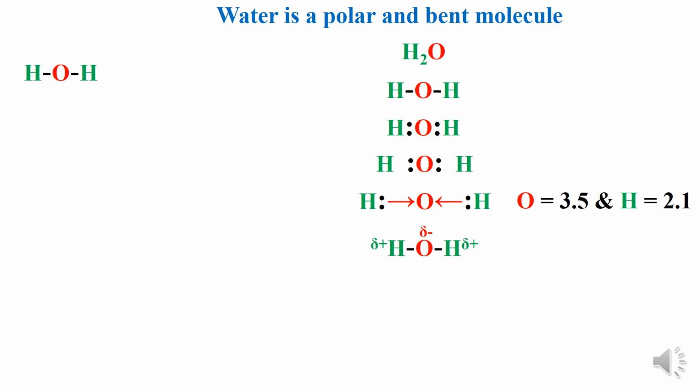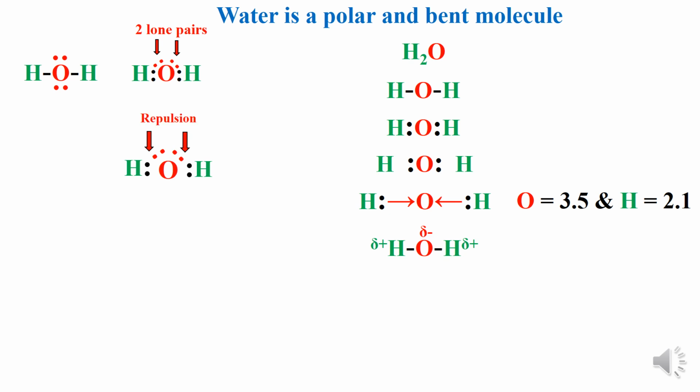Now, the oxygen atom of the water molecule has two lone pairs of non-bonding electrons, and as a result, there is enormous repulsion between the two lone pairs of electrons on the oxygen atom and the two bonding pairs of electrons between the oxygen atom and the hydrogen atoms.